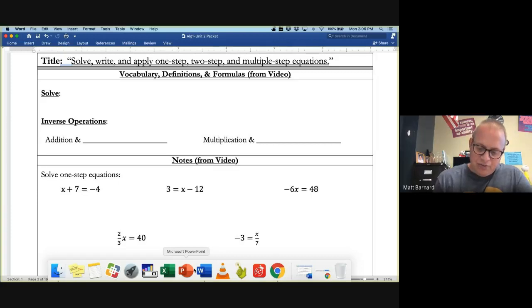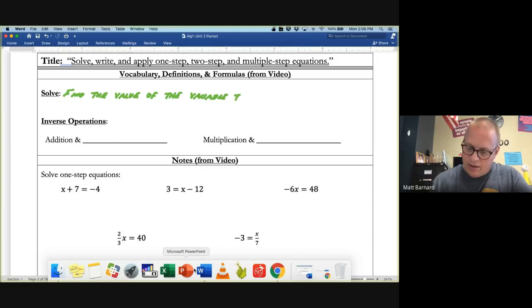Well, when we solve, and you do want to jot this down, solve means to find the value of the variable that makes an equation true.